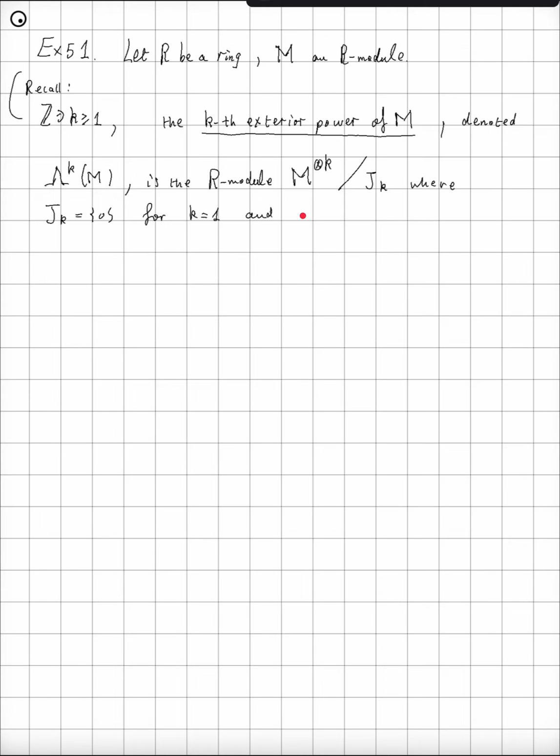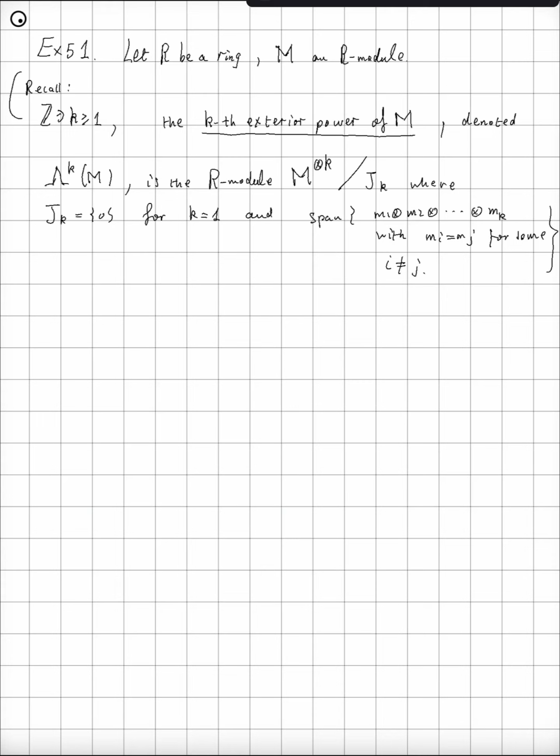and for k bigger or equal than 2, J_k is the submodule spanned by m1 tensor m2 tensor ... tensor mk with mi equal to mj for some i different from j.